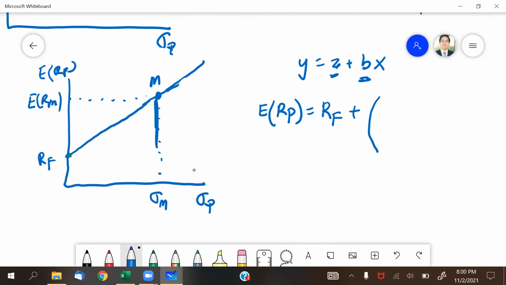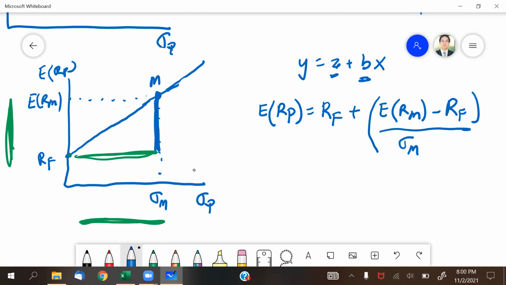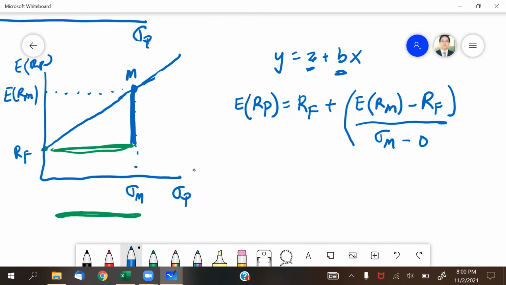The dy would be expected return on the market portfolio minus RF. See here, dy. And then what is the dx? The dx would be risk of the market portfolio minus 0. Of course, 0, you don't need to write anything, right? 0 is 0.